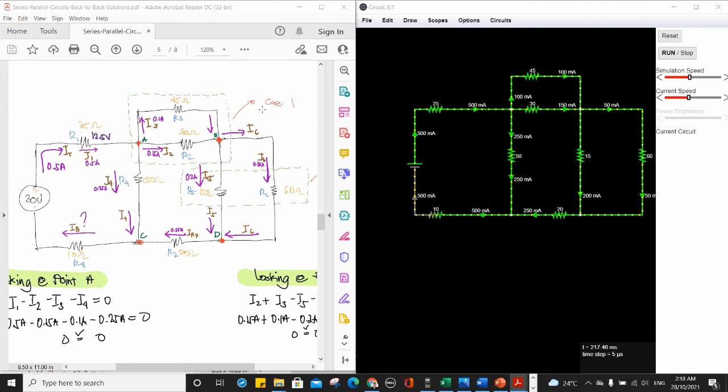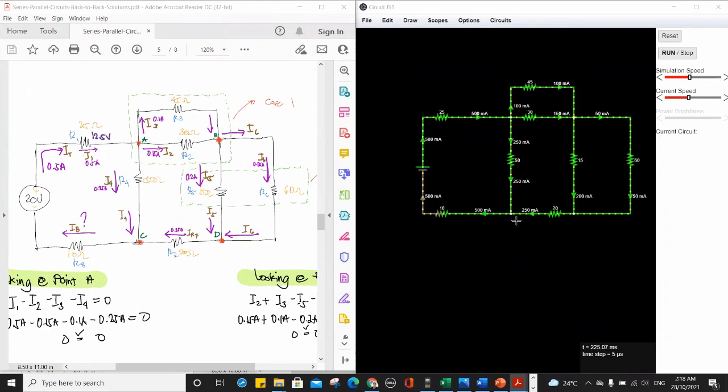And as I've said, we're going to validate the result using the simulator. So as we observe, it satisfies and our solution is correct.